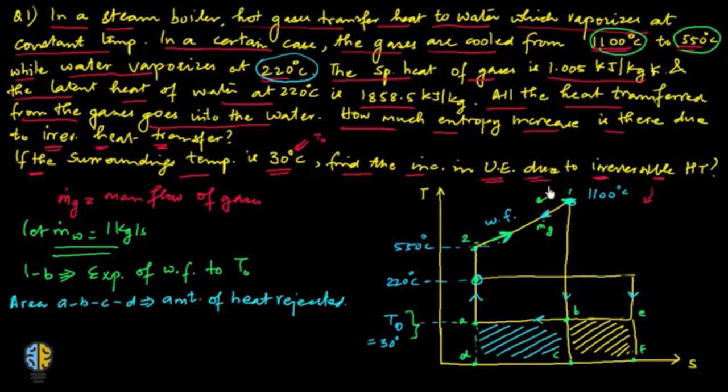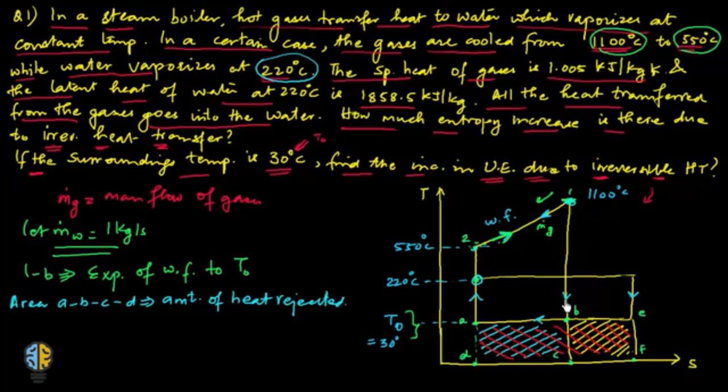If you look at this area, I make it in red stripes, so this complete area is the unavailable energy for the given power cycle. So this is how the whole process is going on.